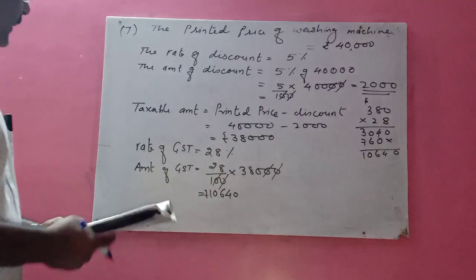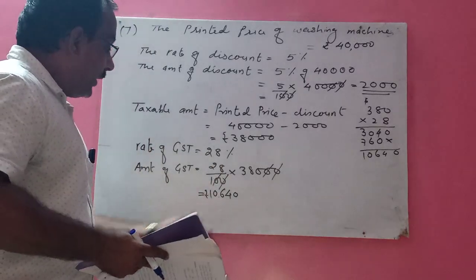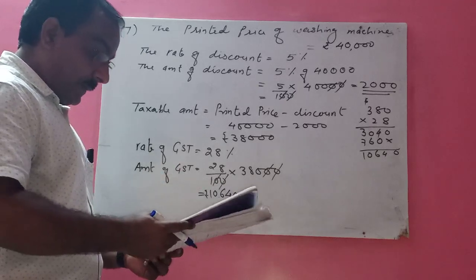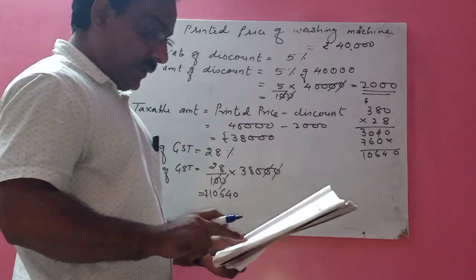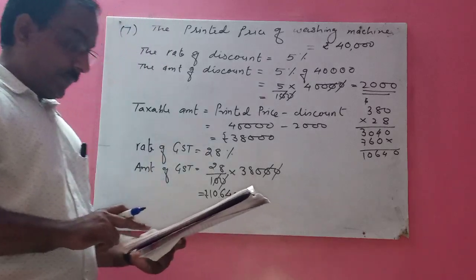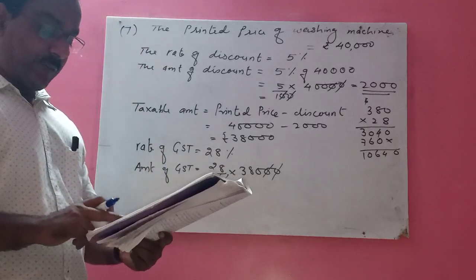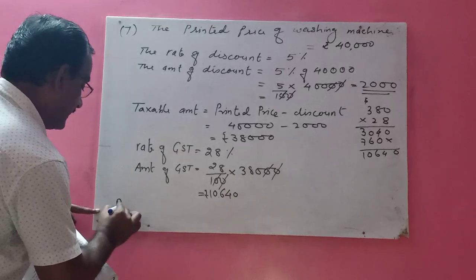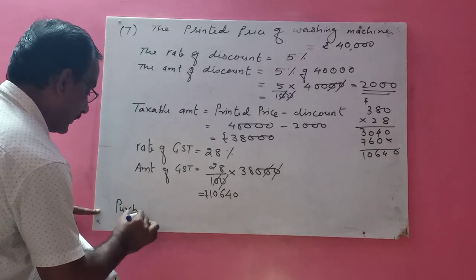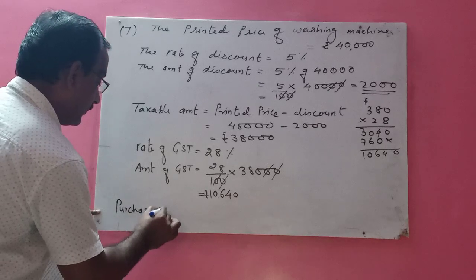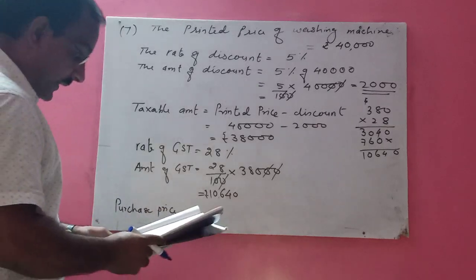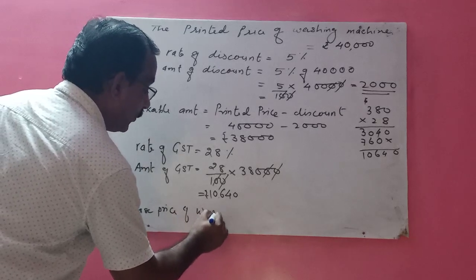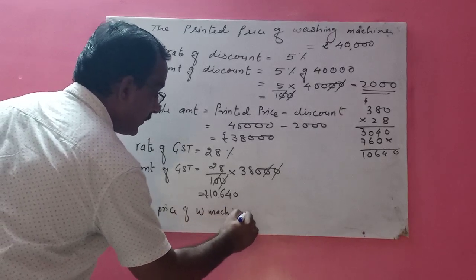Got it, children? So the amount we got is 10,640 as the GST. But what do you have to calculate? Find the purchase price of the washing machine. So the purchase price of the washing machine is how much?